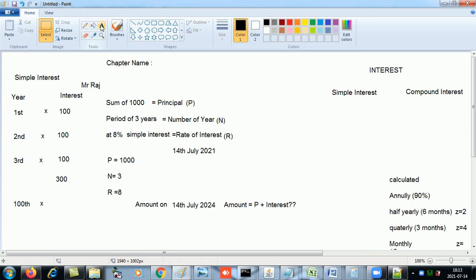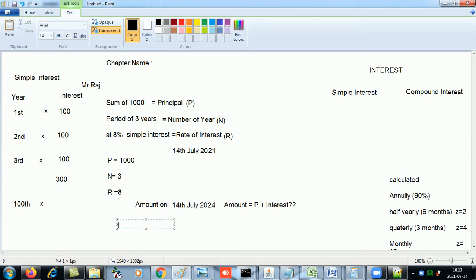The formula for simple interest is very simple. Simple interest is equal to PNR divided by 100. Okay? The very famous formula, P into N into R divided by 100.